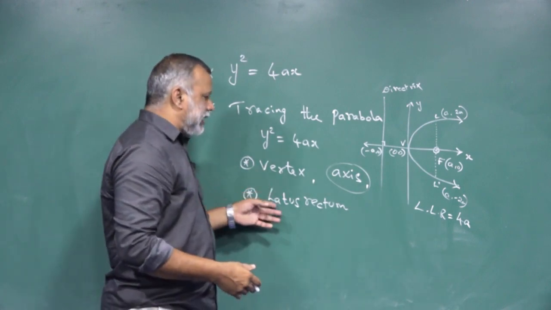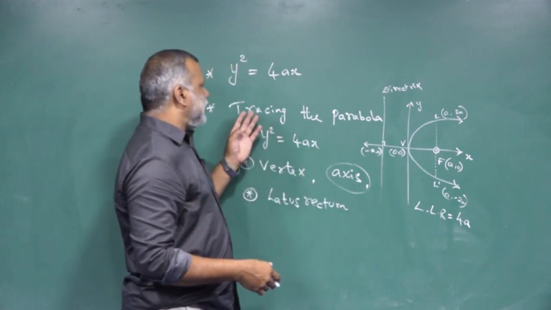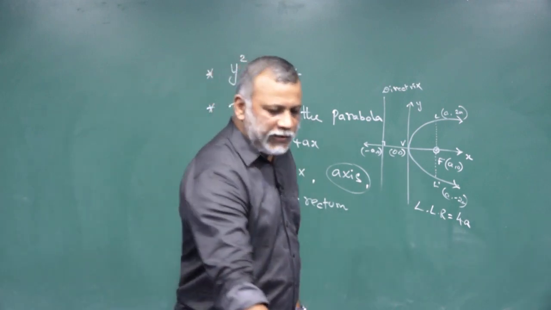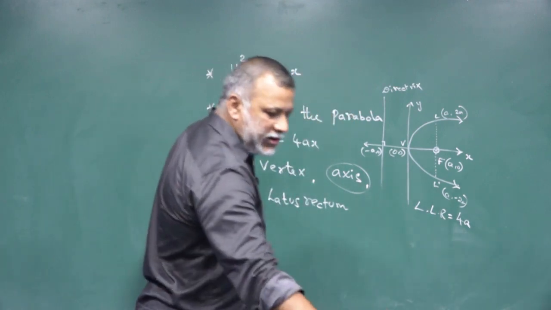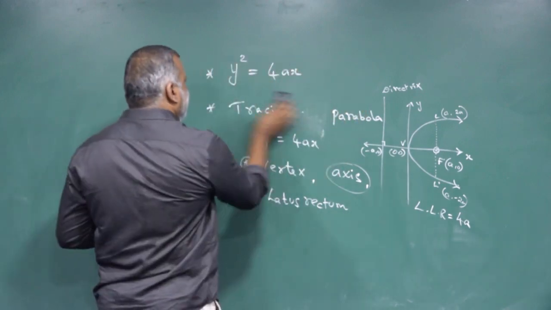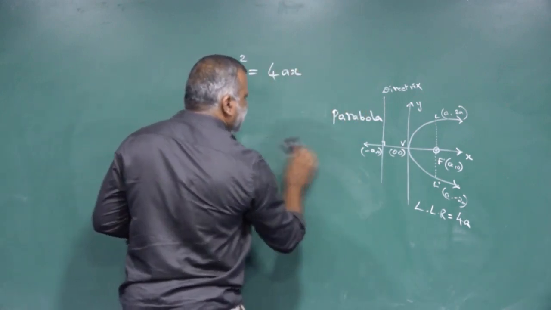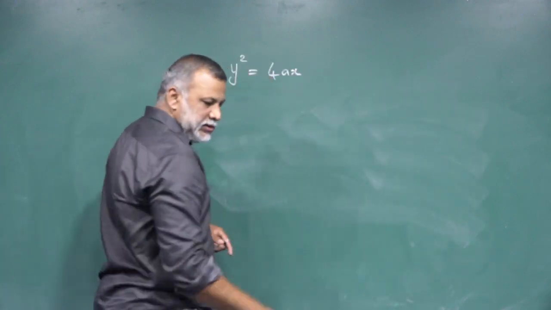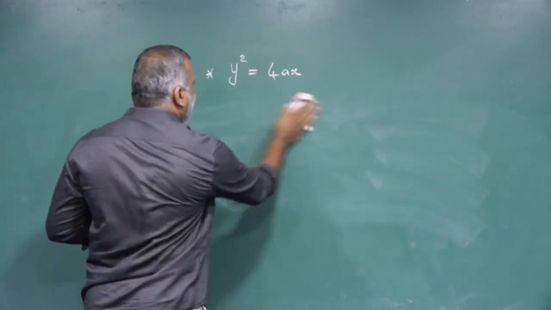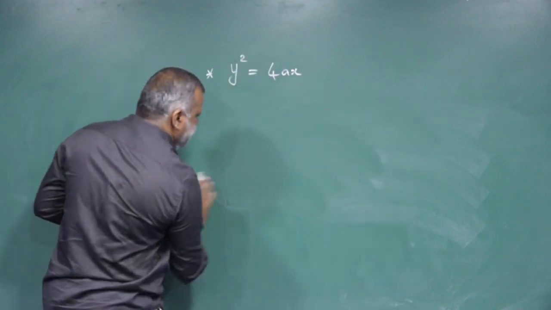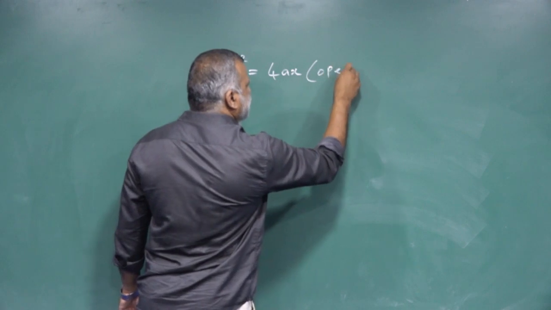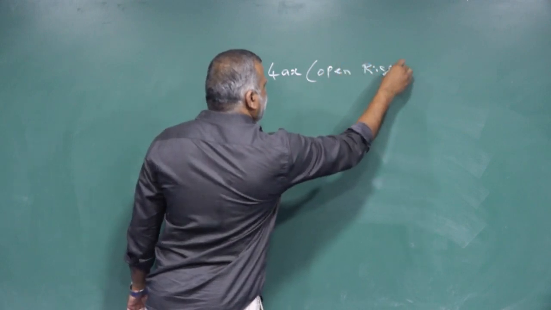So vertex, latus rectum, axis, then the types of the parabola. We have 4 types of the parabola, which we already discussed. Y squared equal to 4ax is called open right.